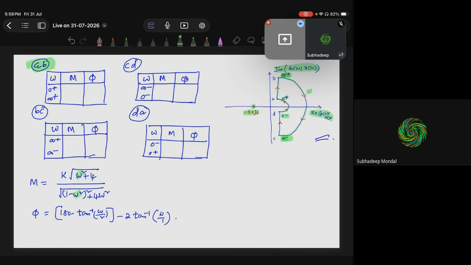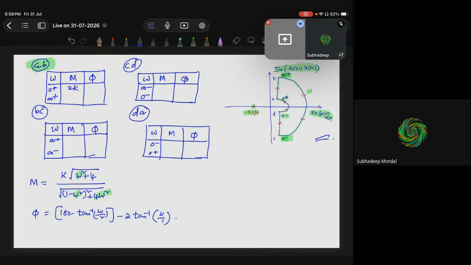So here, what do I get? This is also 0. Here we have only 1. What is the value? Is it 2k?